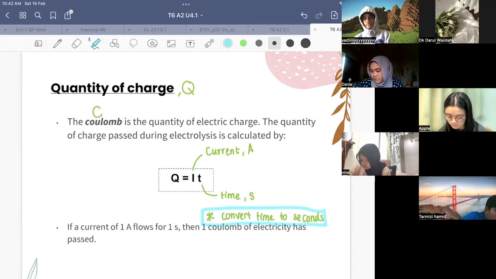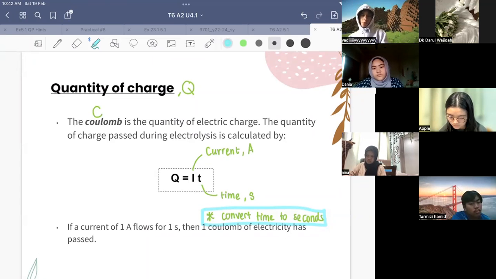So if you multiply the current that you use from the power supply with the time you let the current run, the number you get is the charge that is going around in your circuit. So we can use this for our electrolysis.